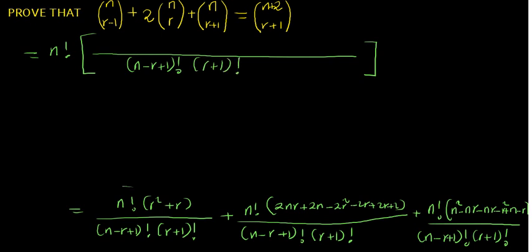So I've factorized out n factorial, so I'll just remain with r squared plus r. And then even here I'll remain with what is inside there, that is positive 2nr plus 2n minus 2r squared minus 2r plus 2r.